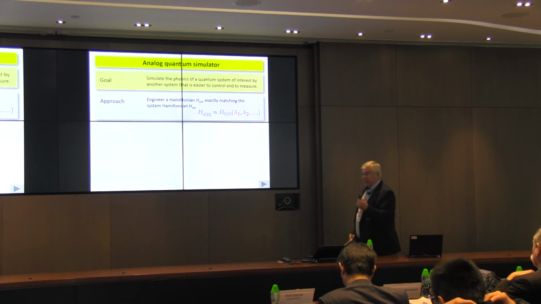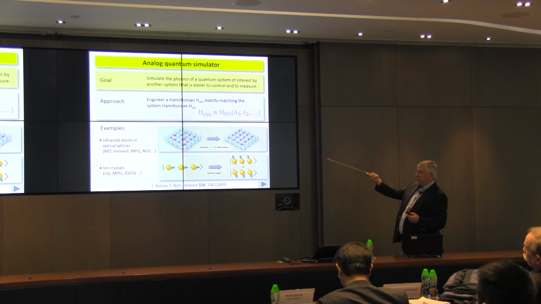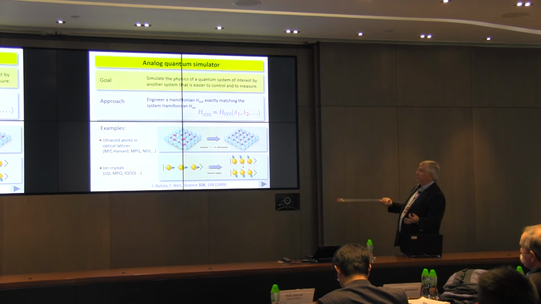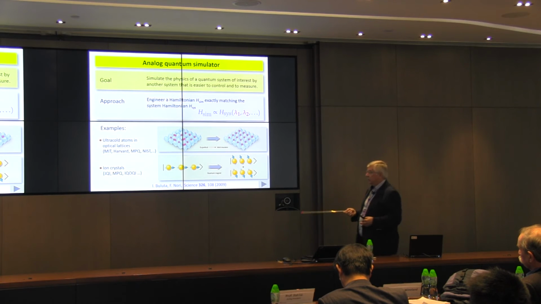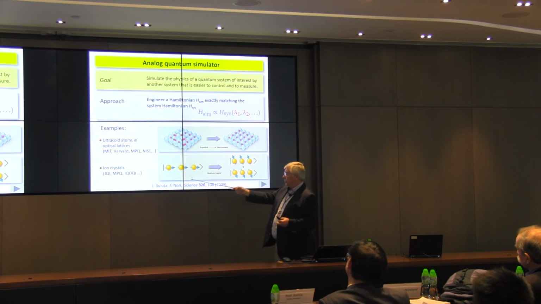So you just reinterpret some parameters. Examples for this are the superfluid to Mott insulator phase transition. This is studied in optical lattices with neutral atoms. Or you could use this with ion crystals. That was done by the group of Chris Monroe, by Tobias Schaetz, and also by us.